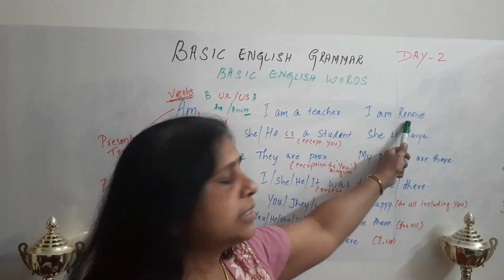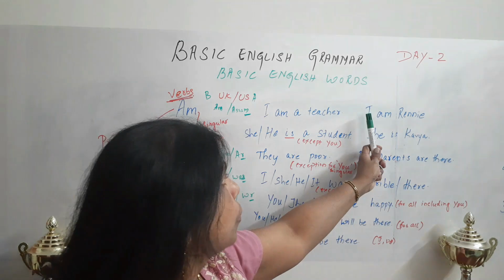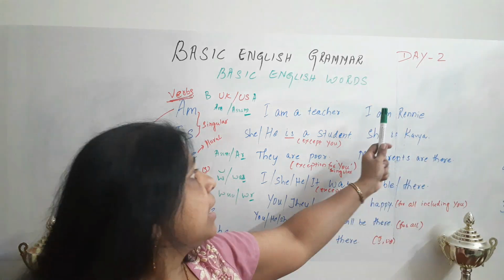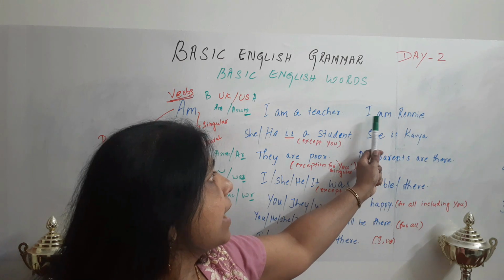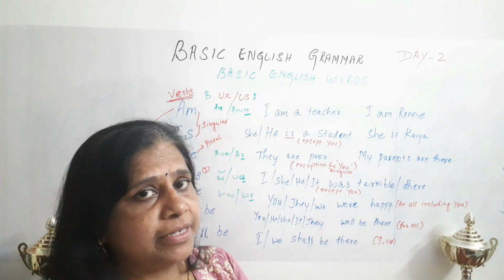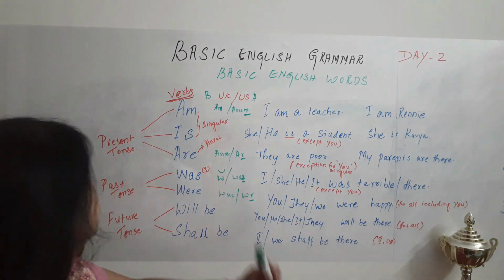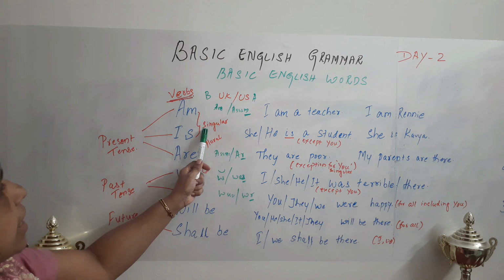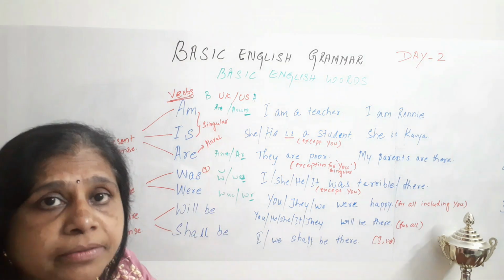I am Rennie. Here also I is there. For I, we are using am, and am always comes with I.